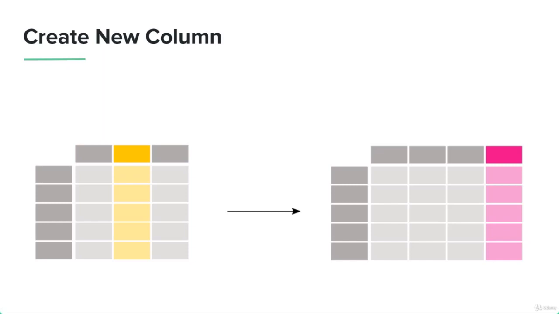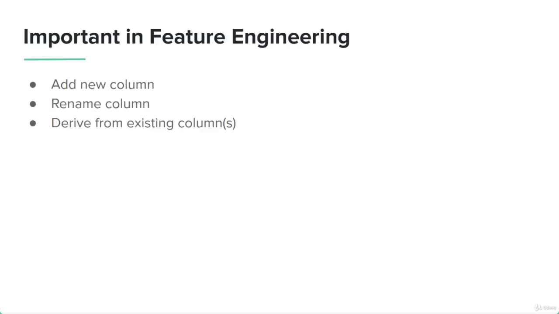So creating a new column in Pandas gives us the ability to add another feature after conducting thorough experiments on the dataset. Just like I said, it is important in feature engineering, and we also have renaming a column and deriving from an existing column. Whenever we introduce a new column, we're talking about another feature of the dataset.